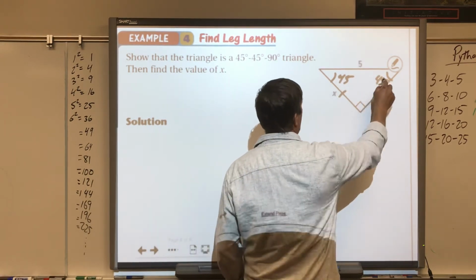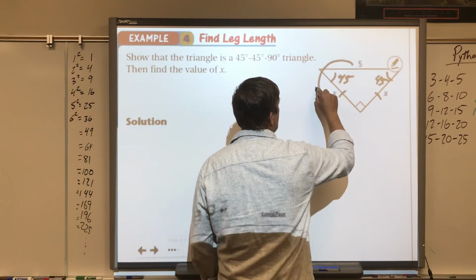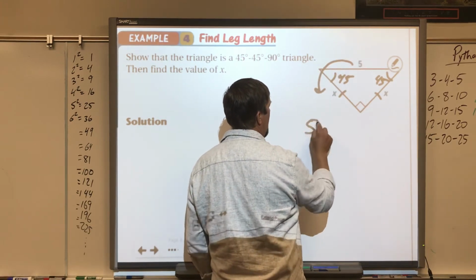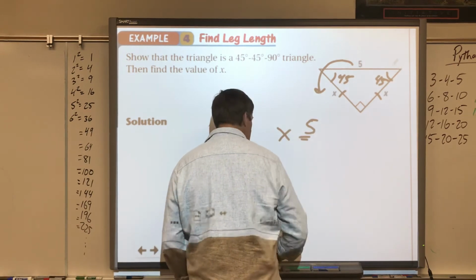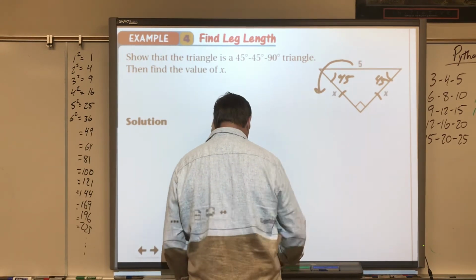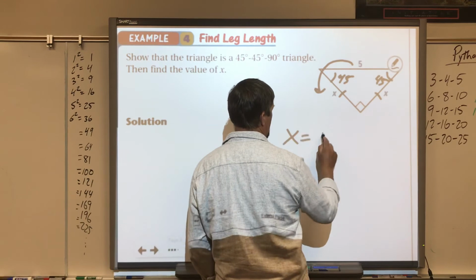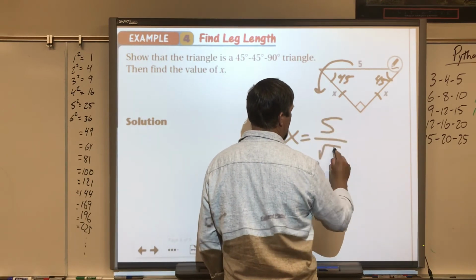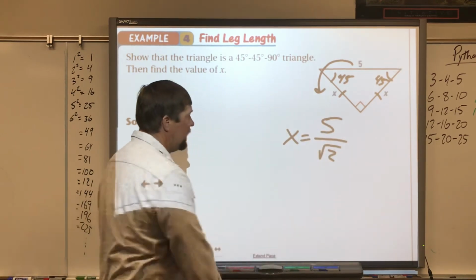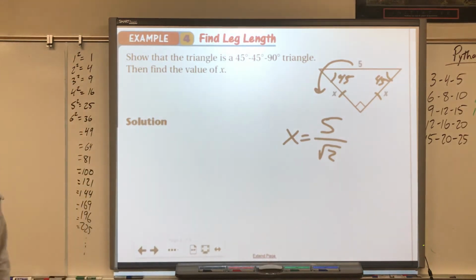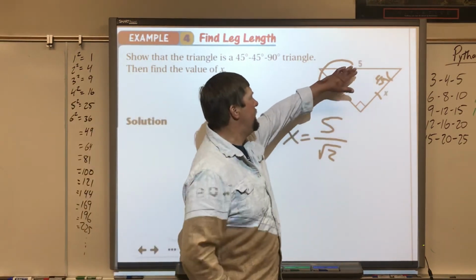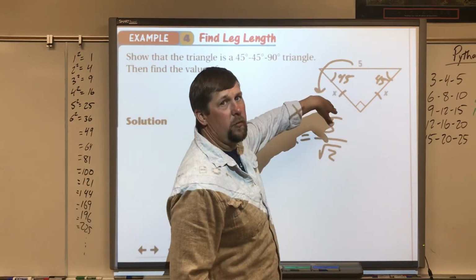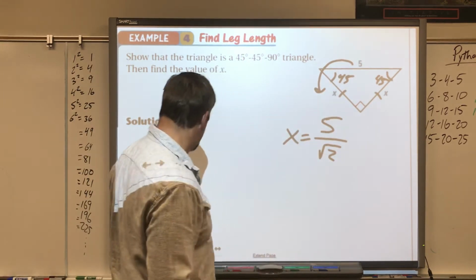Since that's a 45, 45, 90, to go from here to here, x is just the hypotenuse divided by the square root of 2. Anytime you go from the hypotenuse to a leg, instead of multiplying, you do the opposite. So you're dividing.